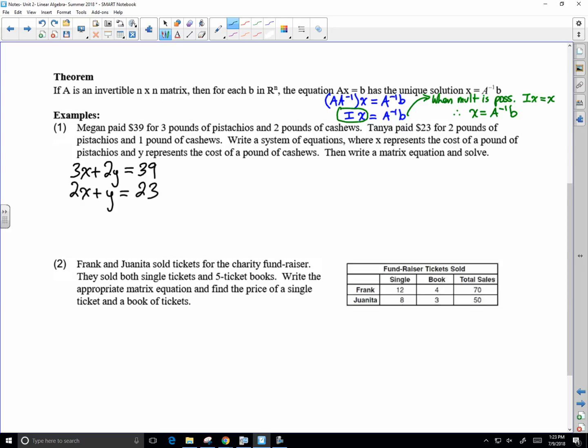And again, you can do this through simple algebra, but that's not the point. All right, so 3, 2, 2, 1, times x, y equals 39, 23. So this is in the form of AX equals B.